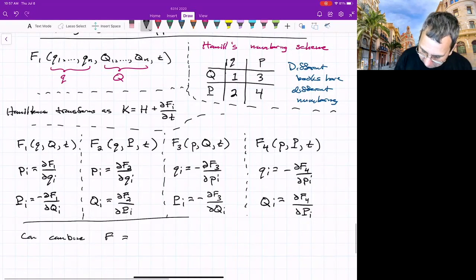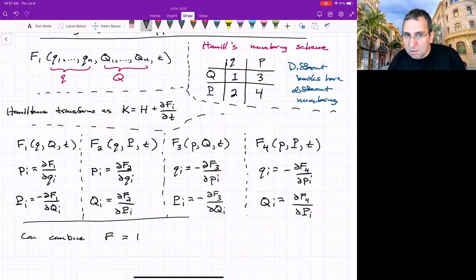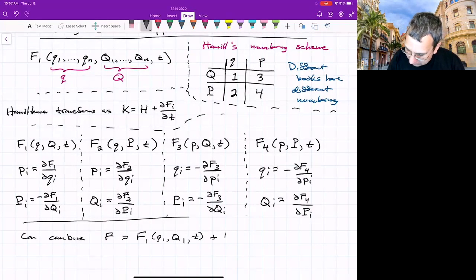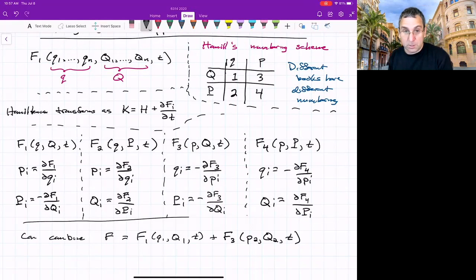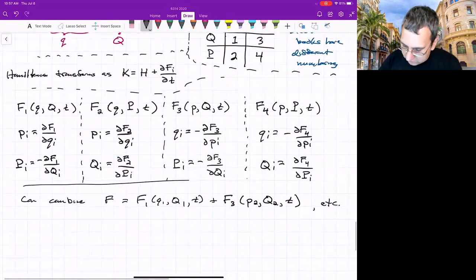You might want to do an F where it's some combination, like F1 of q1, big Q1, and time, plus F3 of p2, big Q2. And then the separate rules would apply for those sets of variables. But in the end, you'll have a canonical transformation. We can look at some other examples.